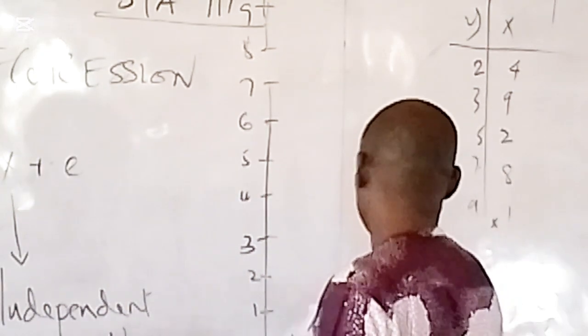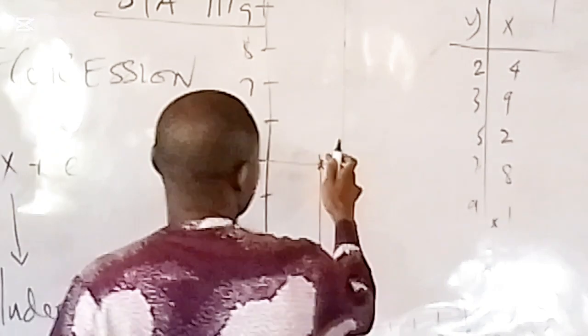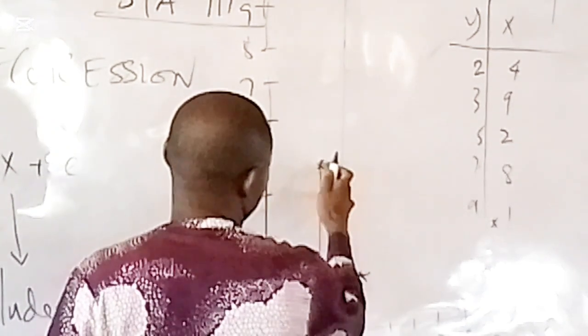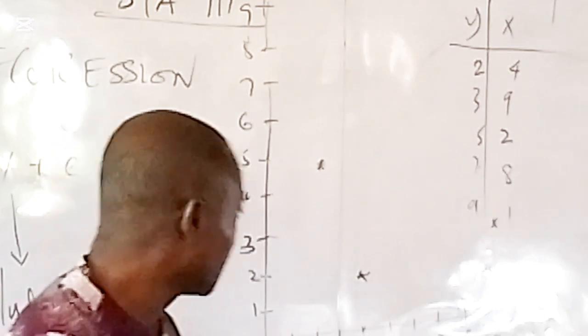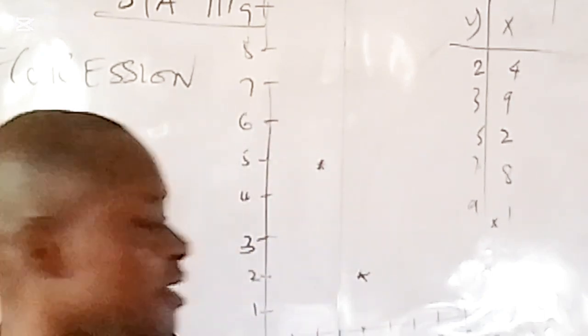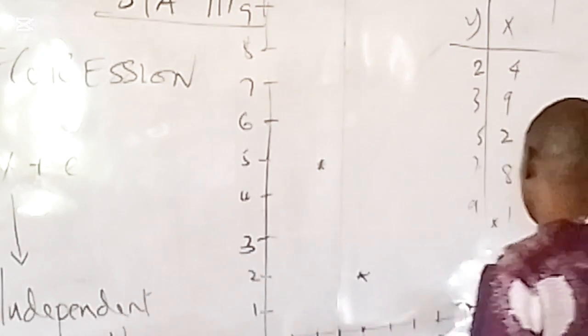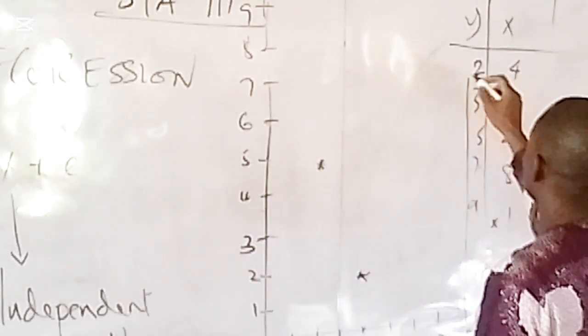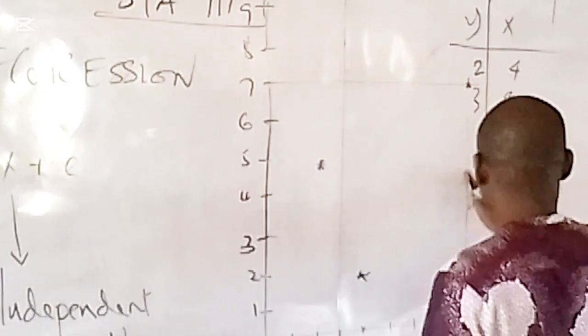It means we have a point somewhere here. When x is what again? So we have 7 somewhere here.